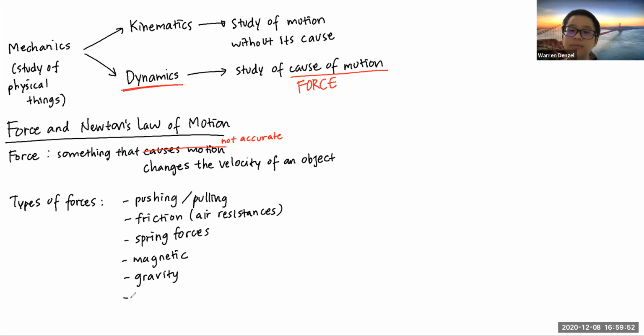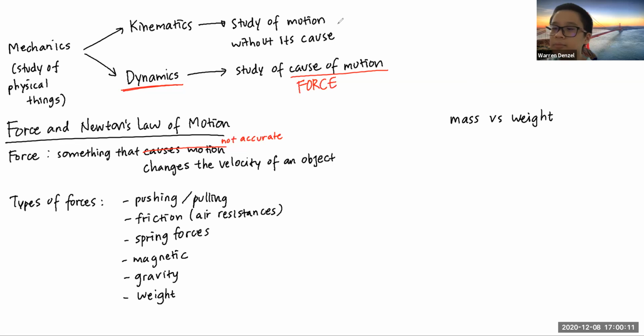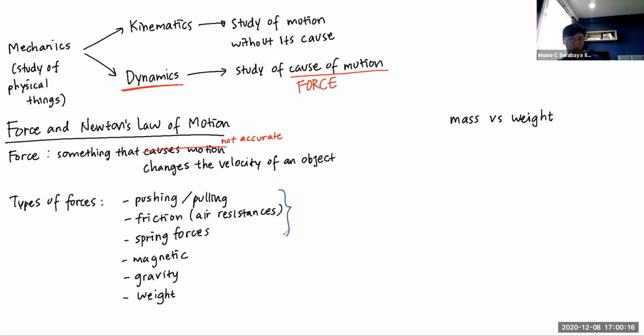The last one. Okay, now another type of force includes weight. This is where we will talk about what is mass and what is weight. Mass versus weight. They are different. Before we talk about that, these three are called the mechanical forces, meaning they have some physical manifestation.